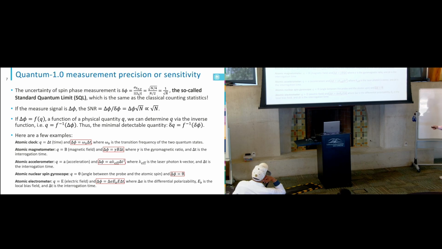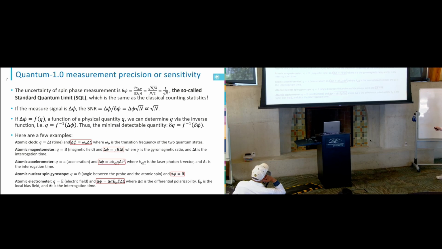For the 5 major categories I mentioned previously, the physical quantity we care about is time. For a two-level system with energy difference equal to h bar omega naught, multiplied by the time difference, we get the phase difference. So the phase difference is affected by the energy difference of the states.